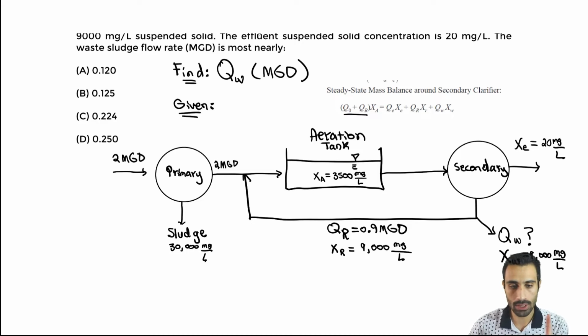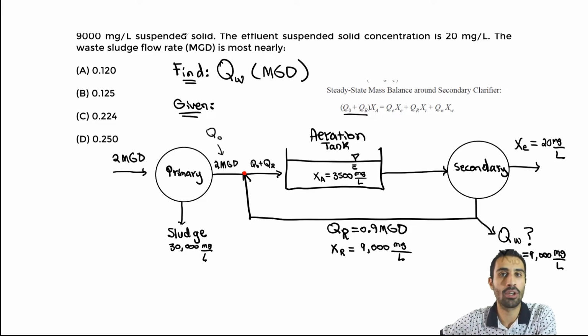So what I can do for us, I want to be careful here. Let me put this point here. Then what happens right after that point is we have the Q naught plus QR. And this Q naught plus QR is going to be this Q naught. This is actually our Q naught. And think of that as the effluent out of the primary tank, which is the influent into the aeration tank and overall secondary treatment.